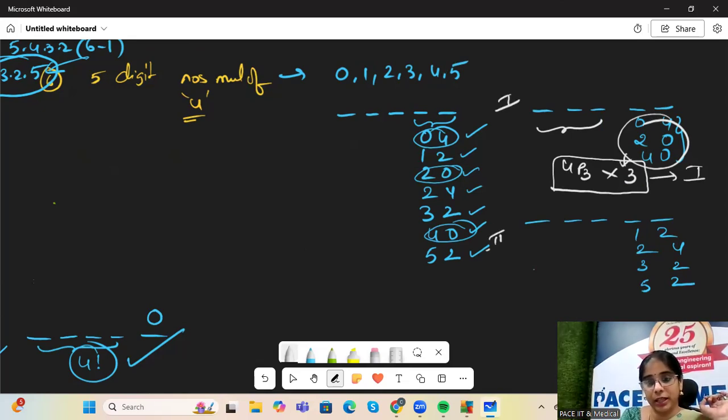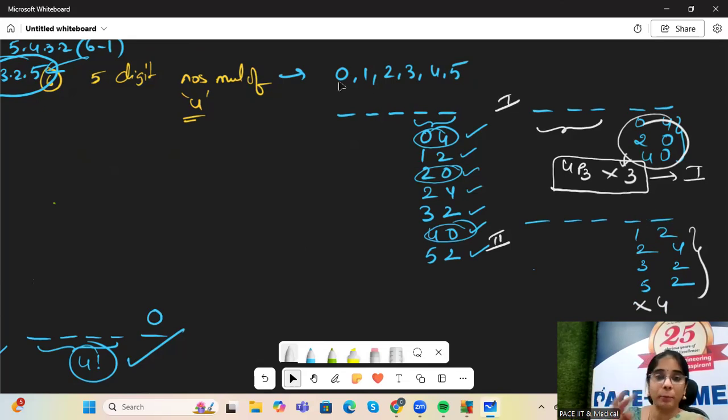Now coming to the case 2 answer. I have 4 possibilities here. Fine, absolutely fine. Now observe, 0 is there in my choices, isn't it? There is no 0 in the last two places, which means 0 can come in the remaining places, right? See, I have fixed only 2 digits from my given 6 digits.